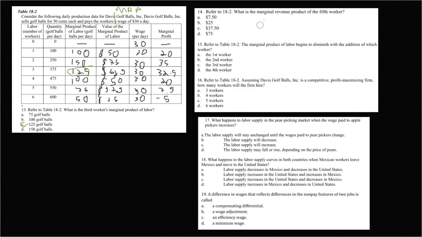So the marginal revenue product is the value of the marginal product. So if we look at the fifth worker, we have 37.5. So 14 is also C.